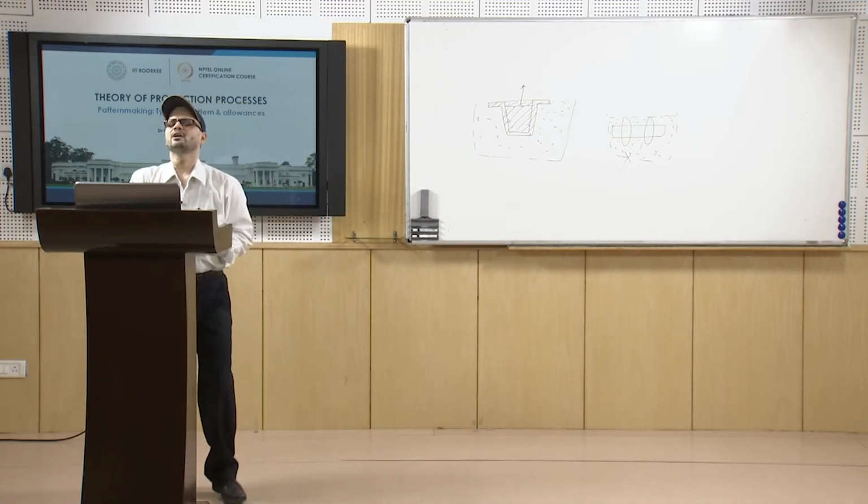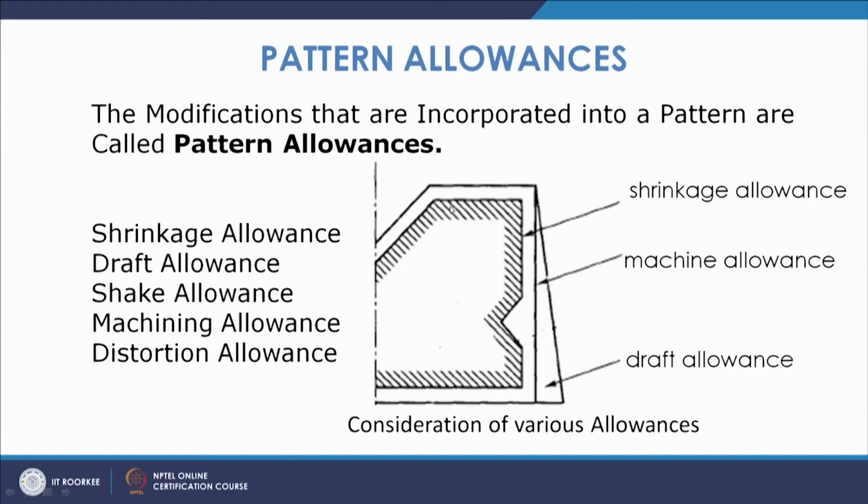Suppose this is the dimension after giving consideration to the shrinkage allowance. If you look at this, this will be the machining allowance. This extra dimension that we give is basically the machining allowance.